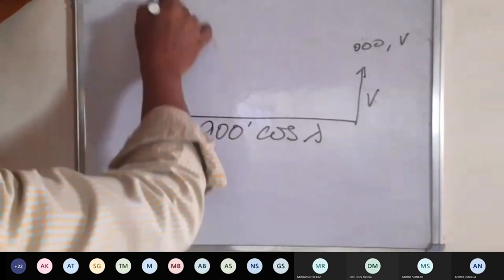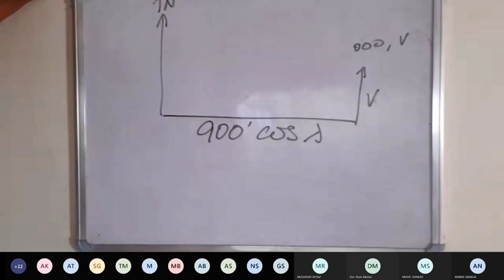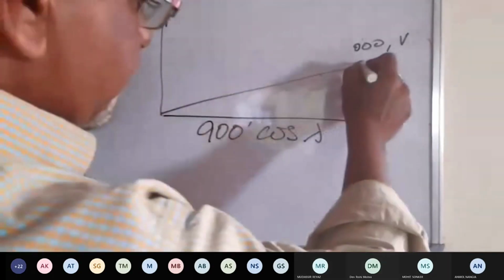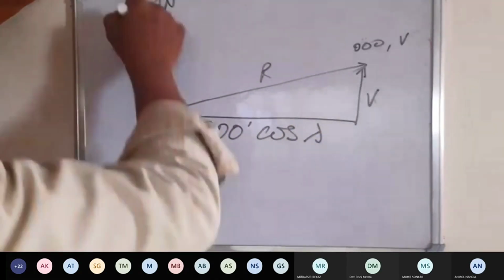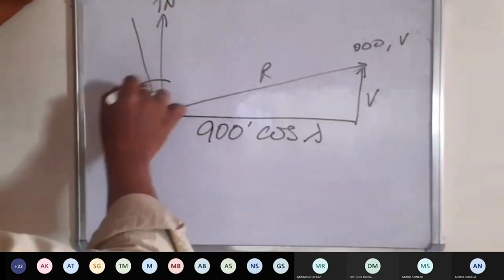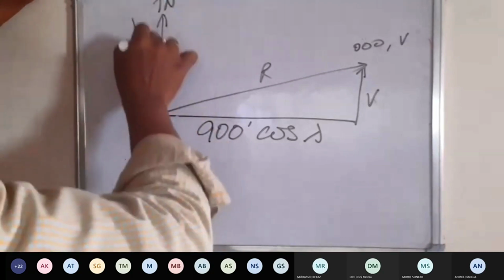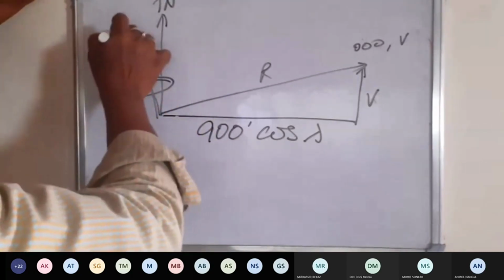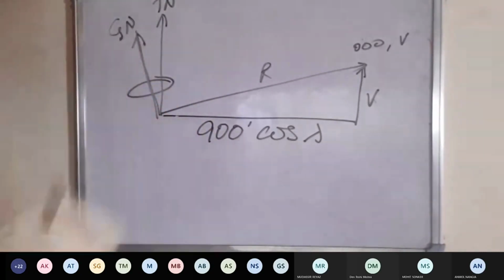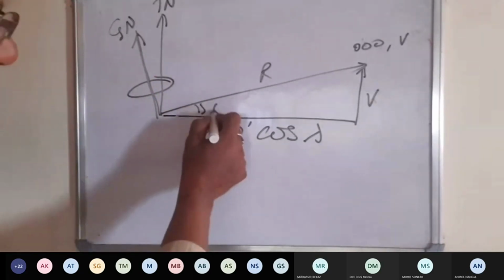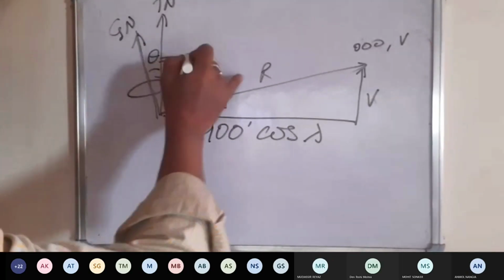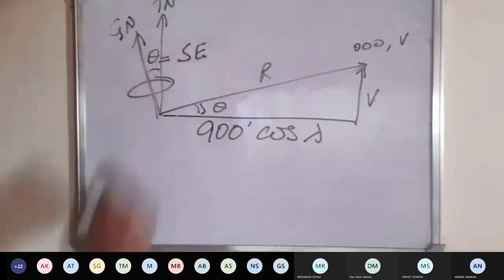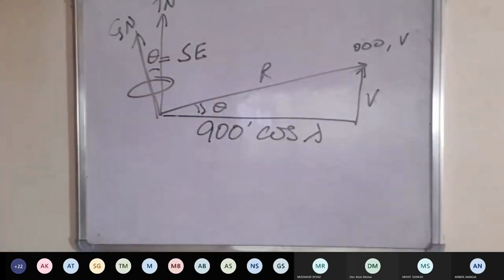The true north is here. The resultant is this. So the gyro compass is getting shifted in this direction. It starts pointing here, so we call this gyro north. The angle that is created here, theta, is the same angle created here, which is called steaming error.